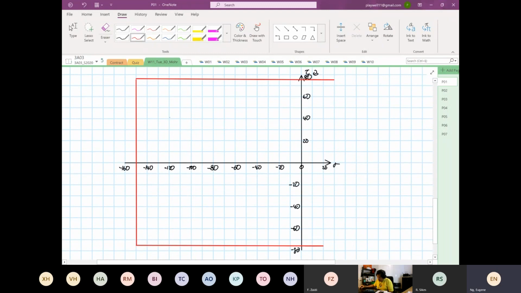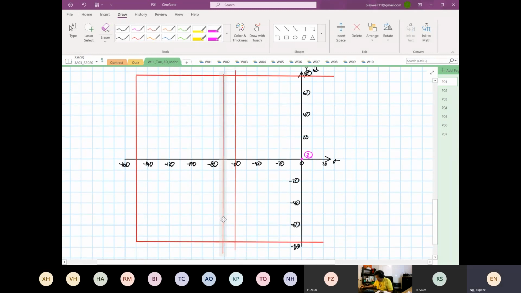Then we have, again, our point Z. This is our anchor. This is our point Z. And then we have our 70 line. Oh, I drew it on the 60, which is wrong.